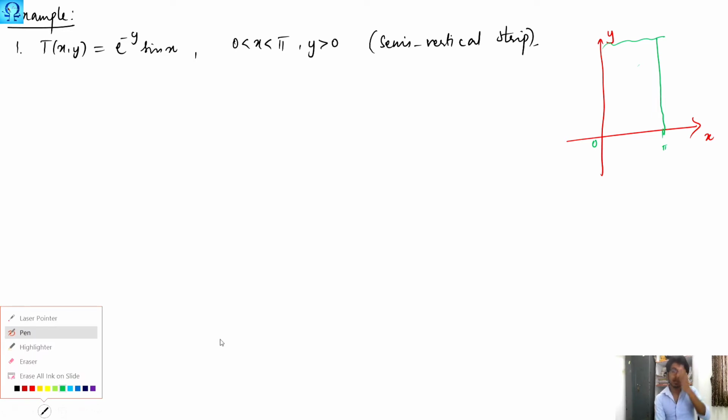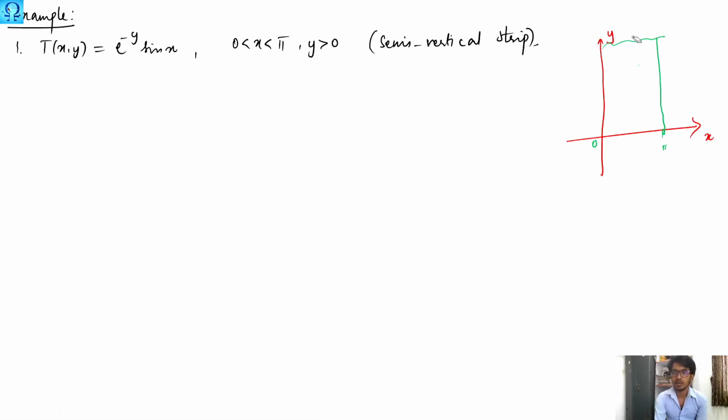Here it is not a bounded one, so this goes this way. Along with this we are given a few more pieces of information: T is equal to sin x on this end, and T is 0 on this end, and T is 0 on this end.